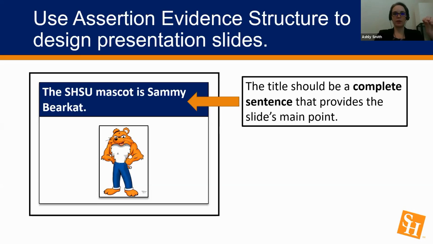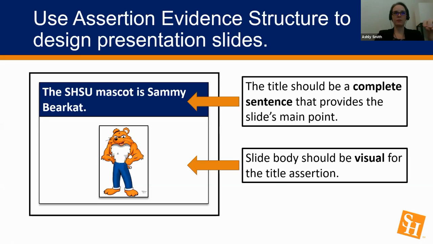That's the assertion part. The evidence part shows up in the body of the slide, and we really want whatever is in the body of the slide to be a visual support generally. So it's probably unreasonable to think that there would be 0 words in the body of your slide, but I would encourage you to think about how you can maybe turn keywords into images.